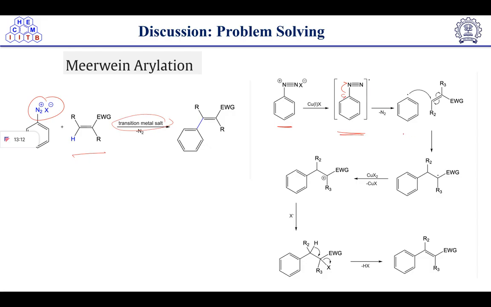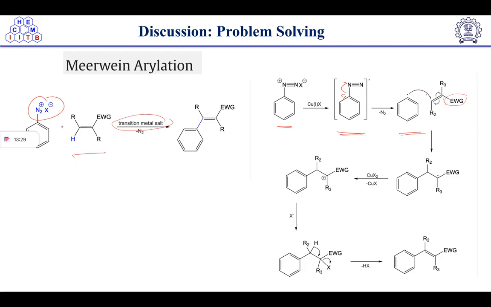Okay, and we will get here the phenyl radical. After getting the phenyl radical, now this radical can react with the acrylate compound. So here the withdrawing group is stabilizing this as an acceptor. Now this is a radical acceptor, right?